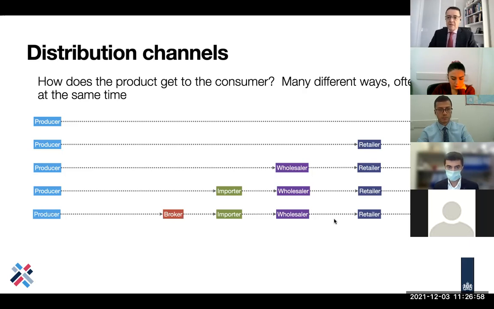In other cases, you need to have a broker before the importer. This is very much the case with the cereals and large-scale sales of primary products, of commodity, of food commodities.